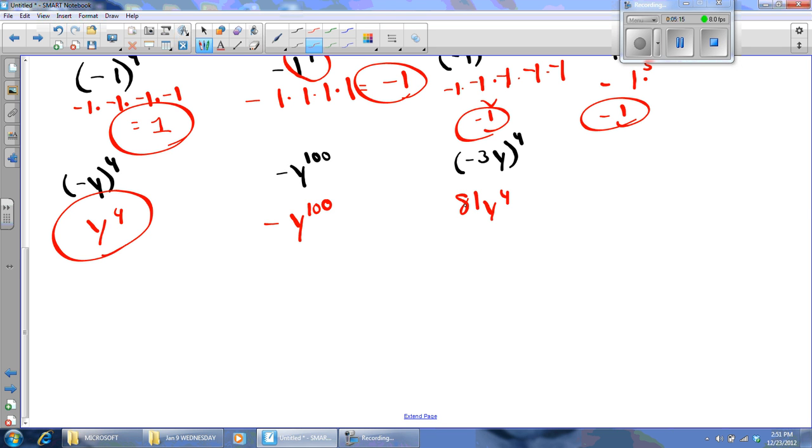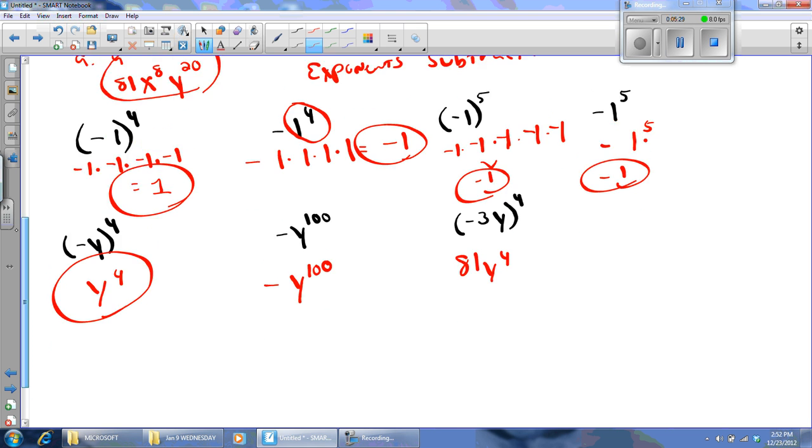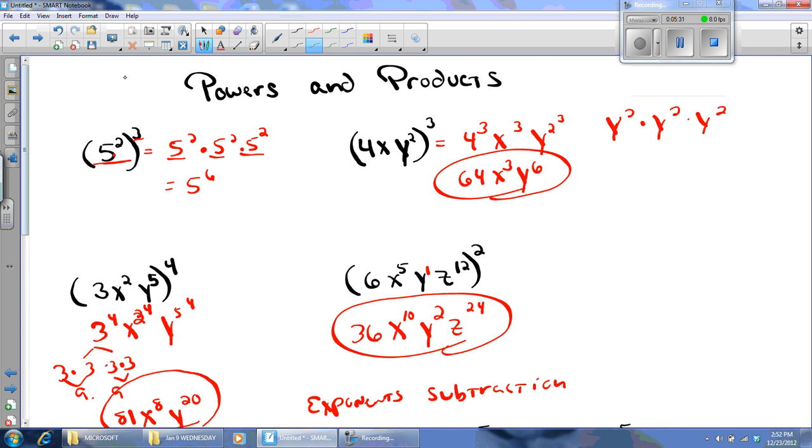All right? We're going to get some practice with this today, the next day in class. It's not really that bad, but you need to stop and think about what you're doing. Don't just try to imitate everything you see. I mean, it's okay to imitate at first, but you've got to push yourself to stop and think why it's working. Remember that when a power is raised to a power, I multiply the exponents. 2 times 3 is 6.